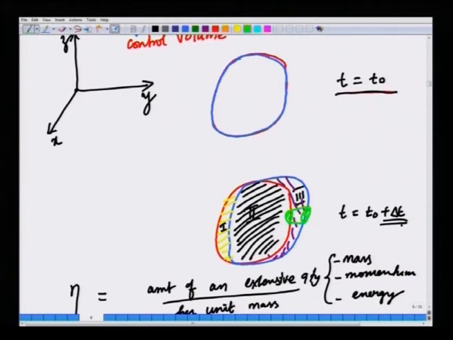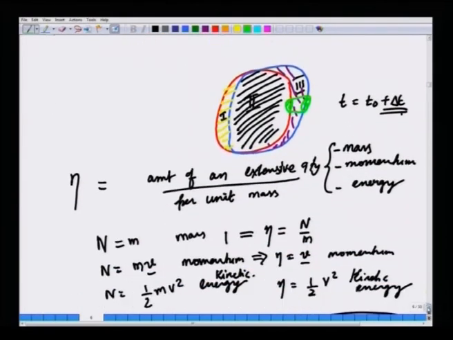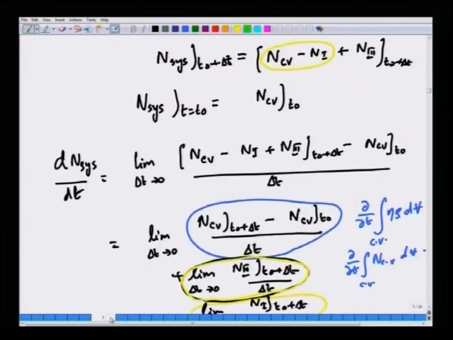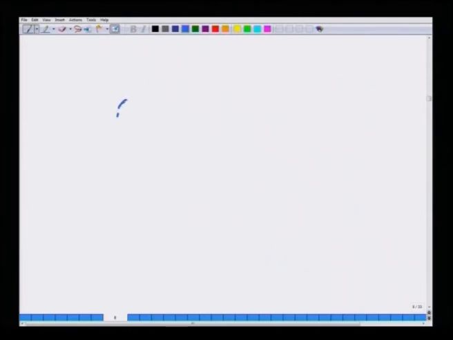Now, let us imagine that on such a surface, this is the control surface, a patch on the control surface in region 3, and if there is a particular velocity, that is going to take such a control surface to some other location.